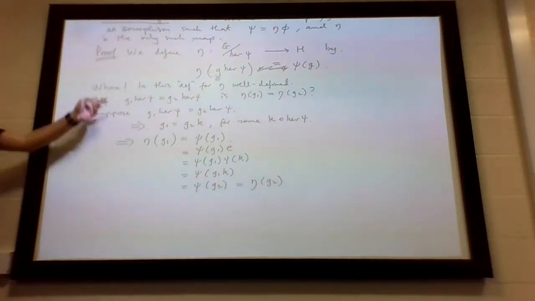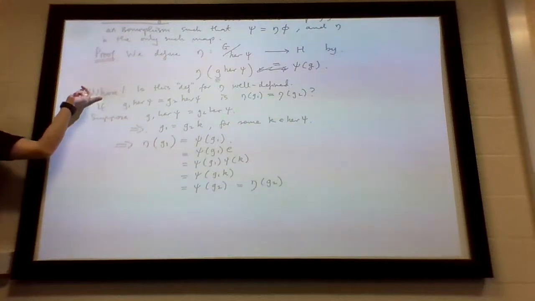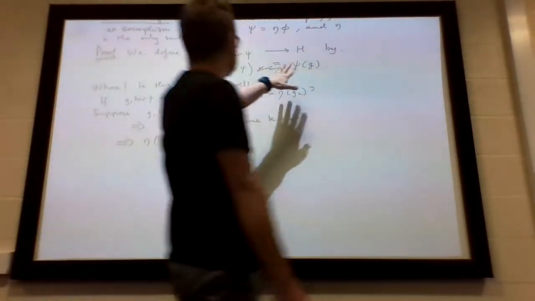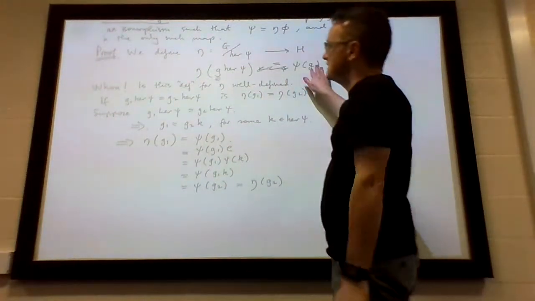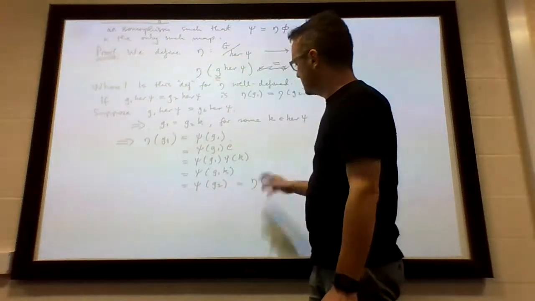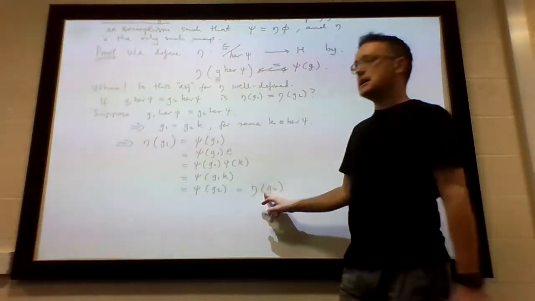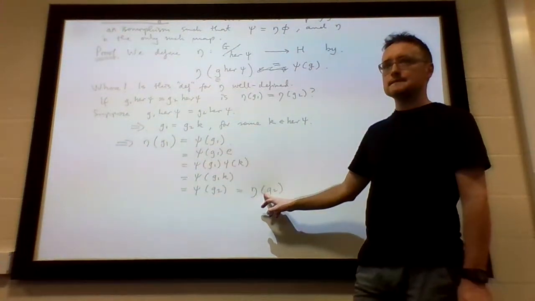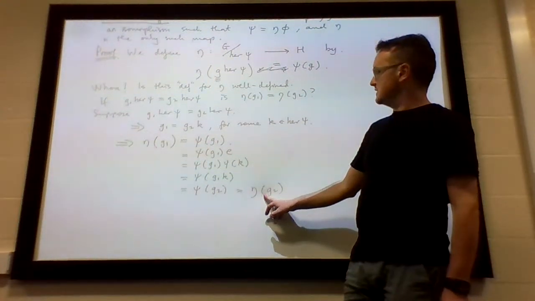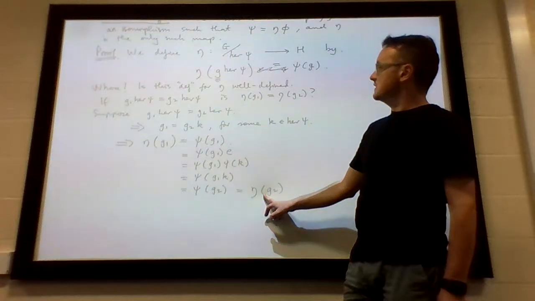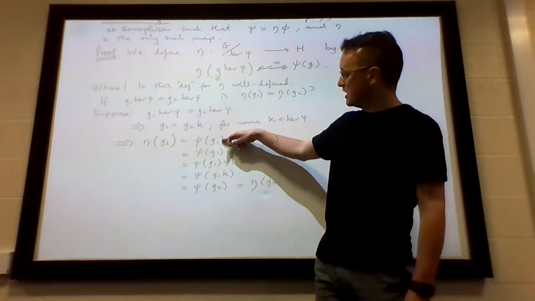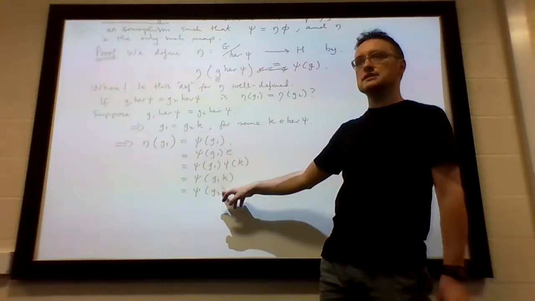Carrying on, so this answers that cautious note. It is well defined. This definition is okay, because if we took two representatives of the same coset, it does come out as the same value. Psi of G1 is psi of G2.